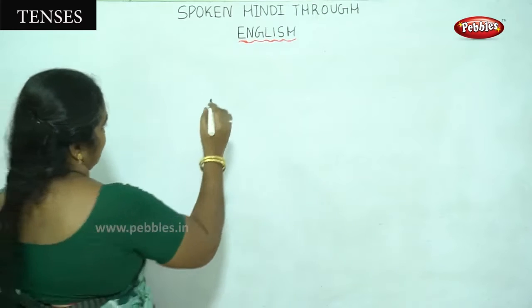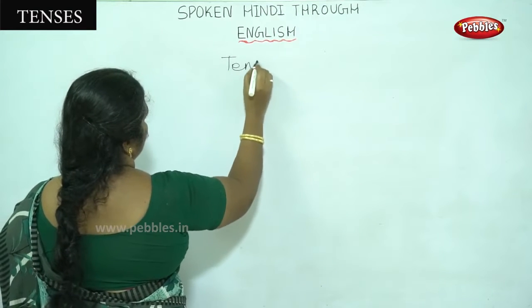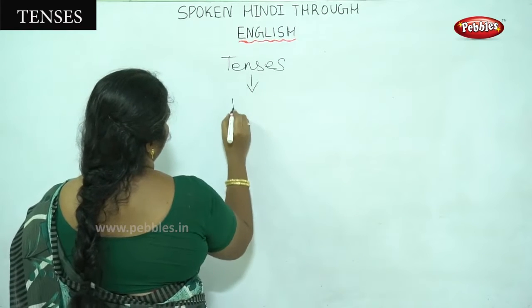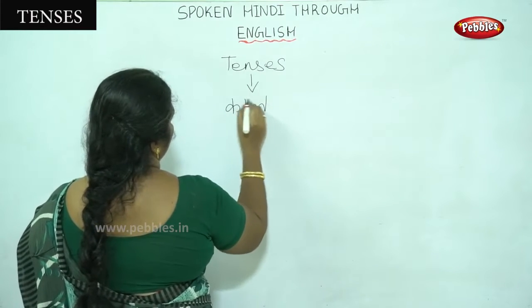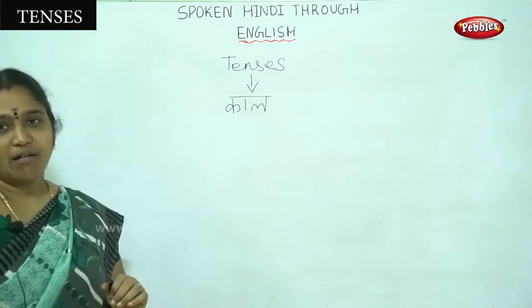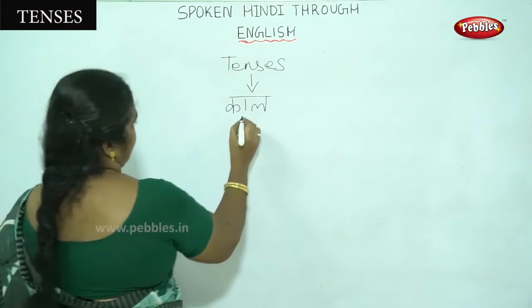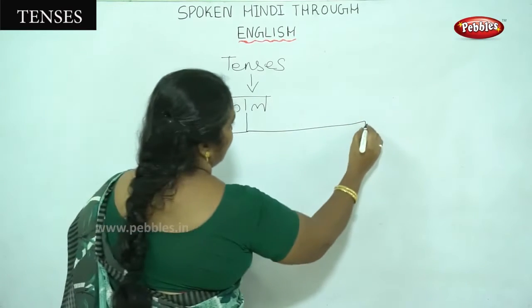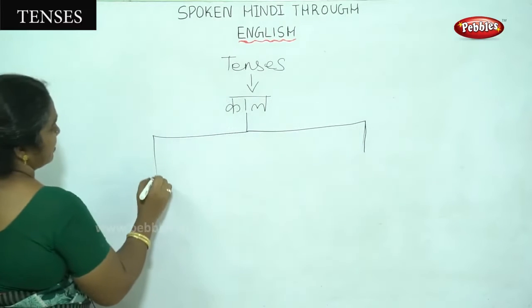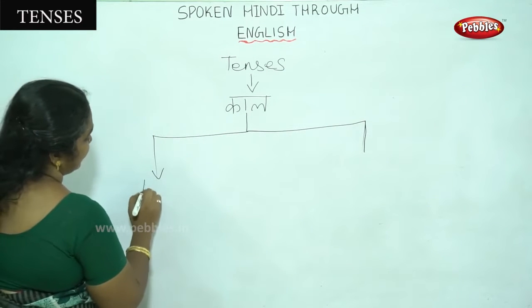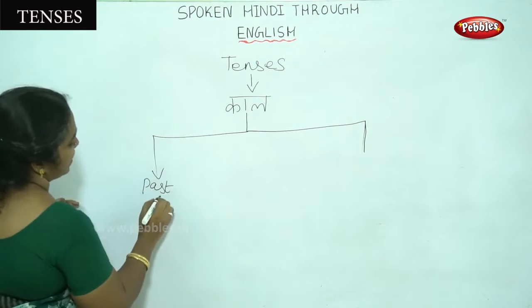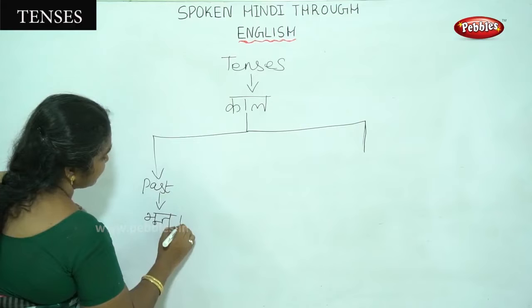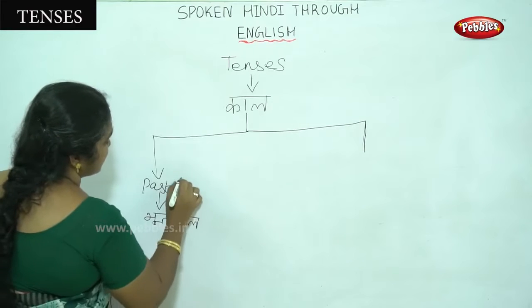See, we can write it as tenses. In Hindi we call it kaal. In these we have three types. Here we can write past. Past is Bhut kaal, past tense.